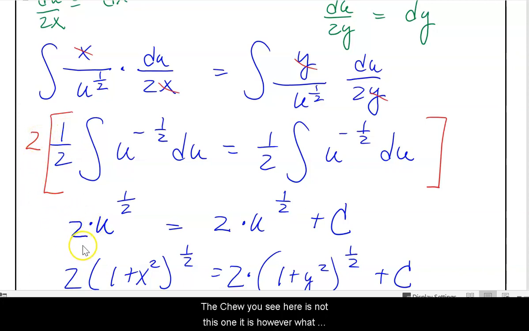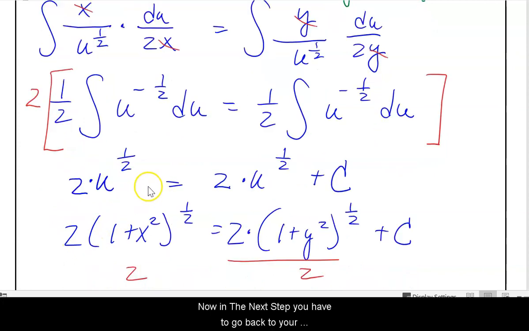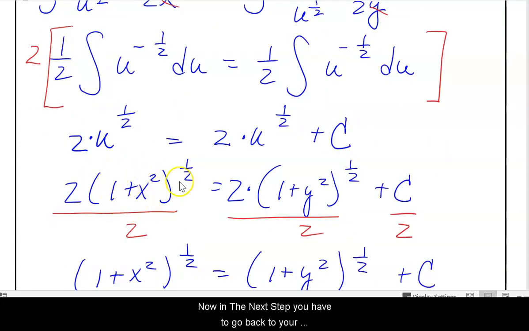The 2 you see here is not this one. It is, however, what happens when you raise the u to the negative 1/2 and increase the power by 1. That gives you the 1/2 power, and dividing by 1/2 is the same as multiplying by 2. That's where that 2 comes from. Now, in the next step, you have to go back to your original values for u.